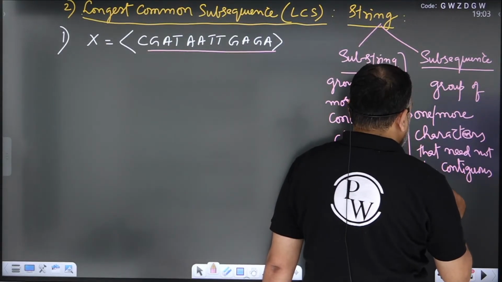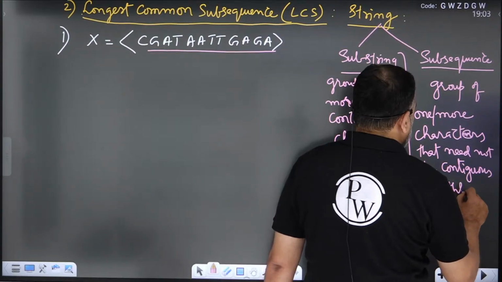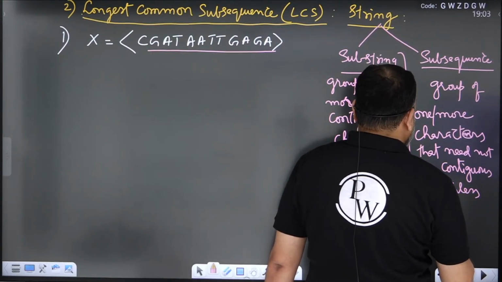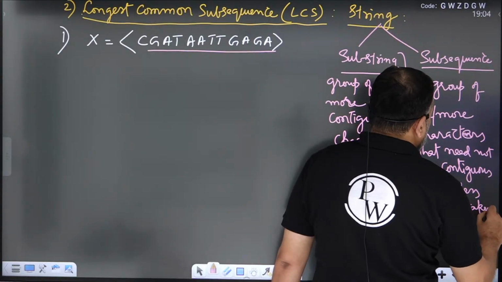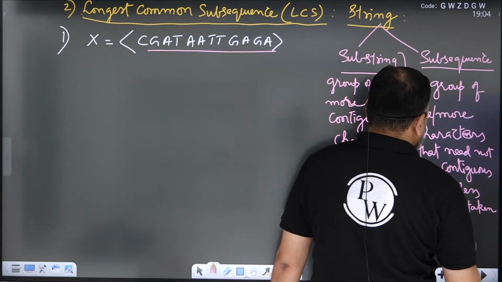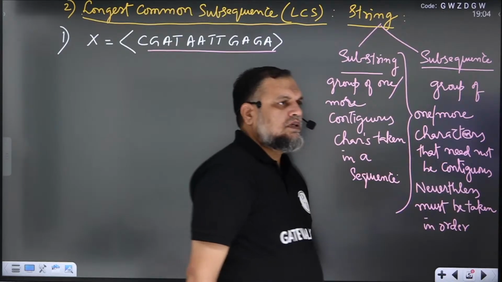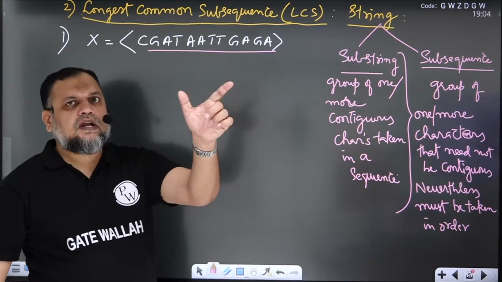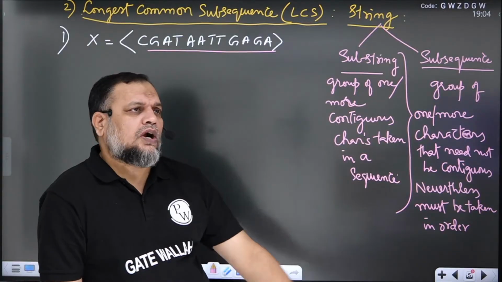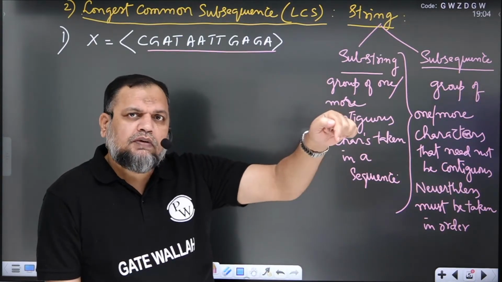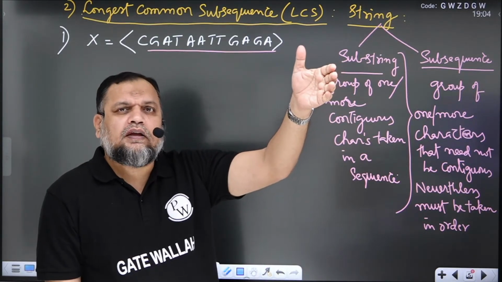Nevertheless, must be taken in order. This is the definition of subsequence. Contiguous होना जरूरी नहीं है subsequence में, लेकिन order maintain होना जरूरी है. जिस order में characters string में है, उसी order में subsequence में भी आएंगे.